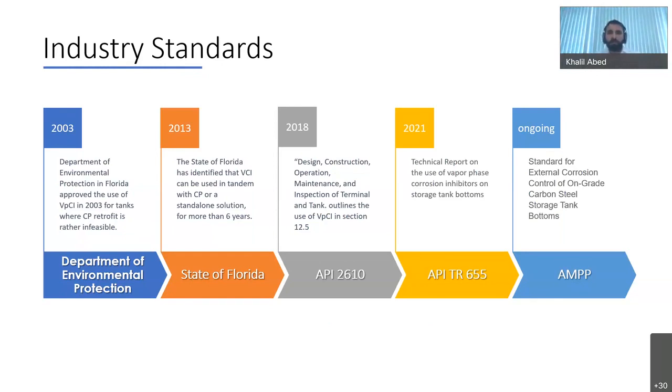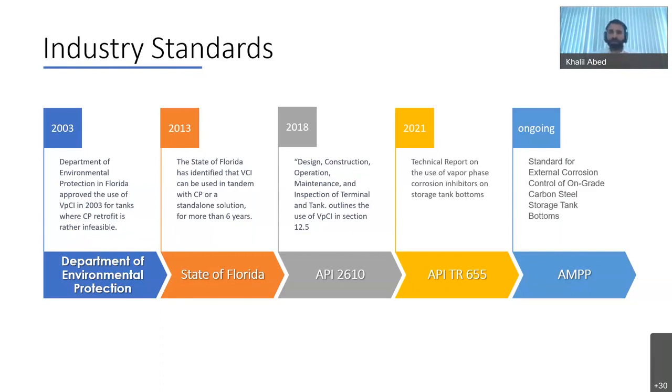In 2003, the Department of Environmental Protection in Florida approved the use of vapor phase corrosion inhibitors for tanks where cathodic protection retrofits are infeasible. It was a conditional approval. 10 years later, the state of Florida identified that vapor phase corrosion inhibitor can be used in tandem with CP or as a standalone solution.